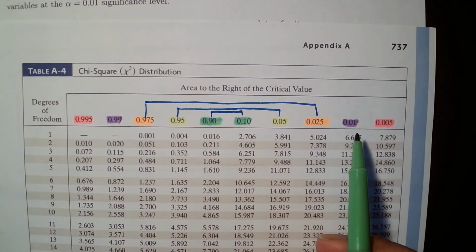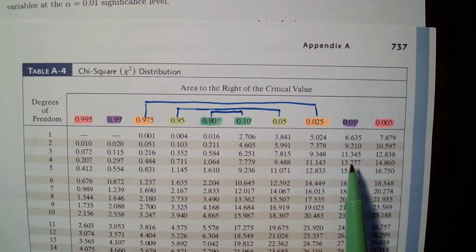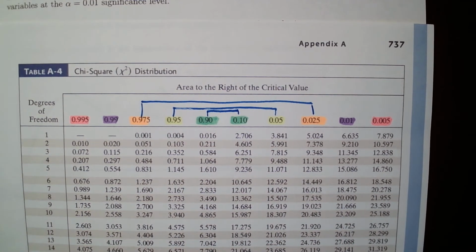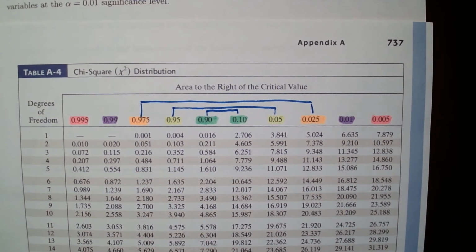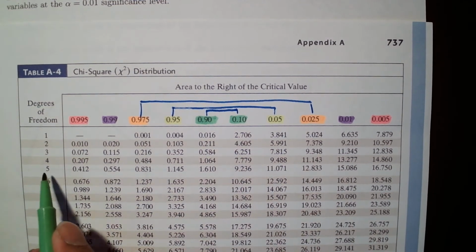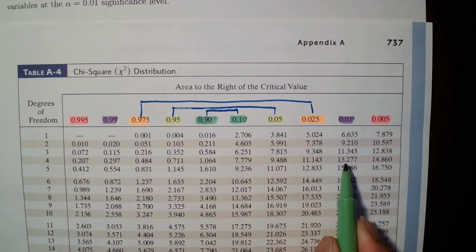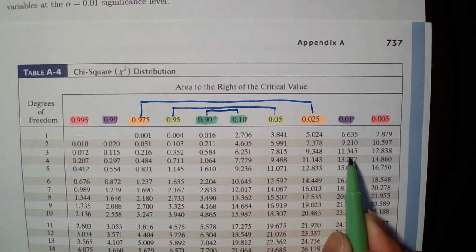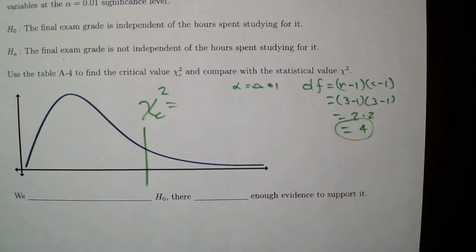So 0.01 and 1, 2, 3, 4 degrees of freedom. Alpha 0.01, we get 13.277. That's our critical value.